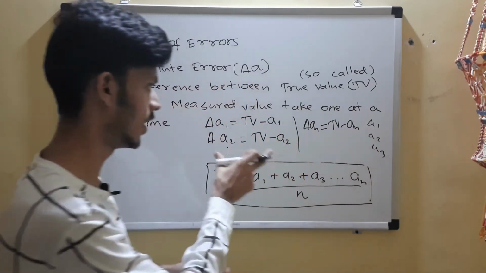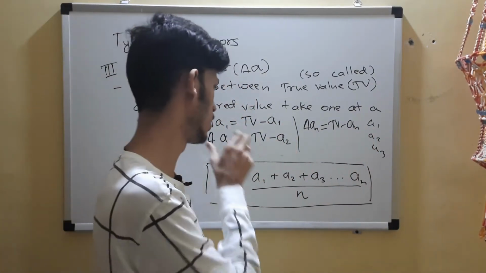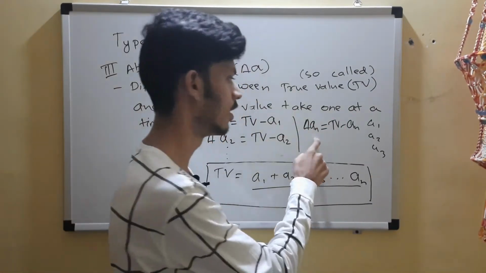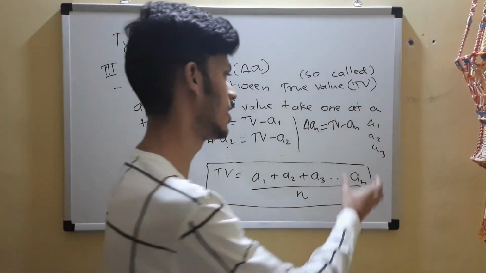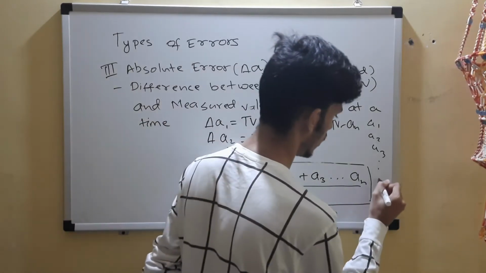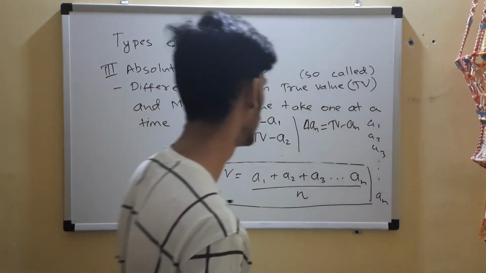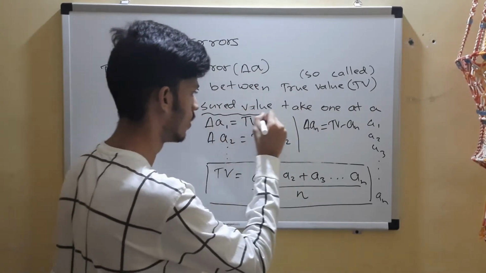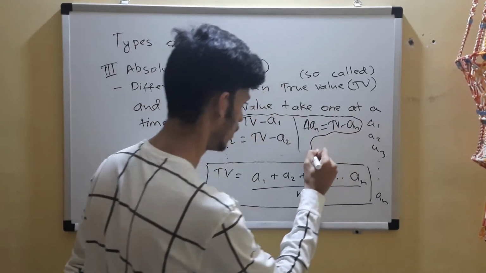So you take one at a time, and every time you compute this for A1, A2, A3, A4, and go on till you reach the last value, in this case AN.